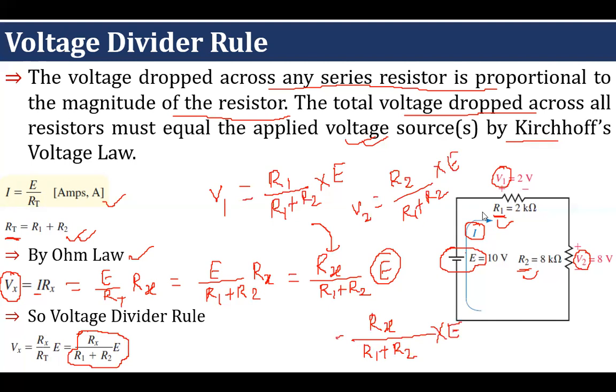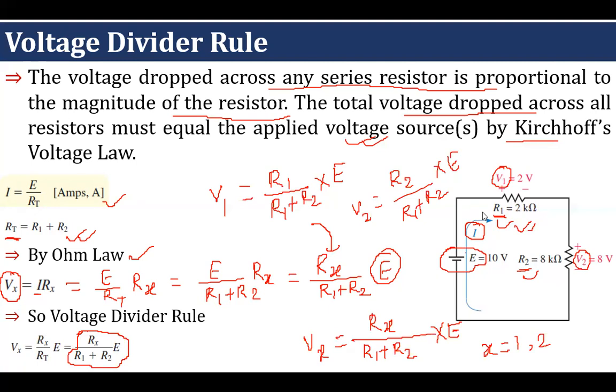This is going to be the voltage across that particular resistor. Here x could be either 1 or 2, because we have only two resistors. That's why we have written Rx upon R1 plus R2.